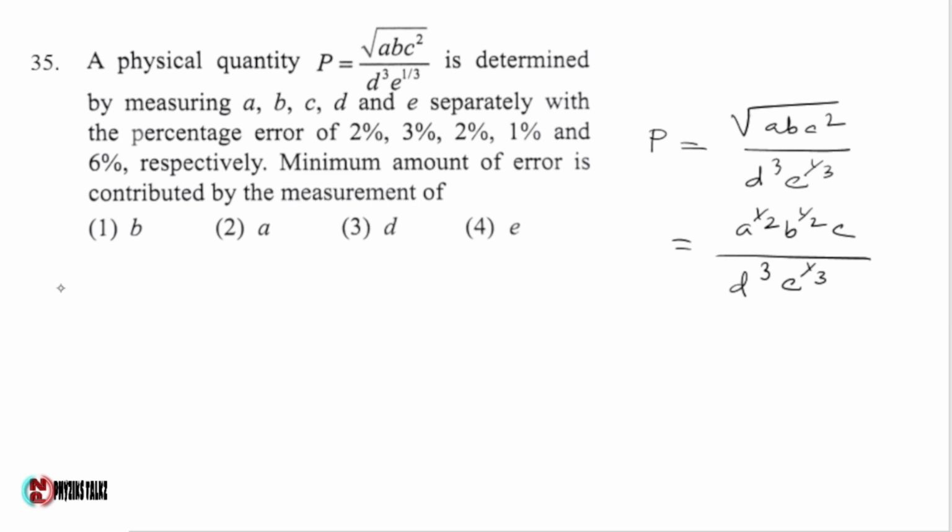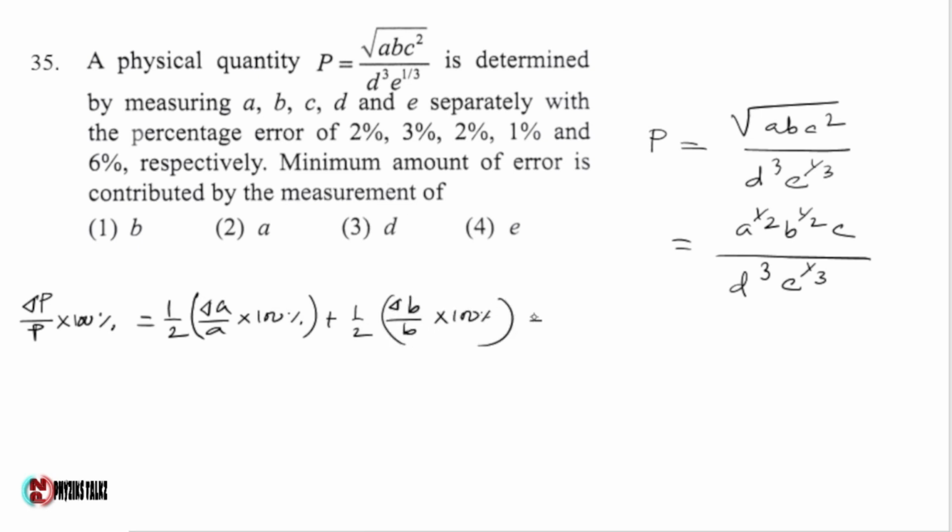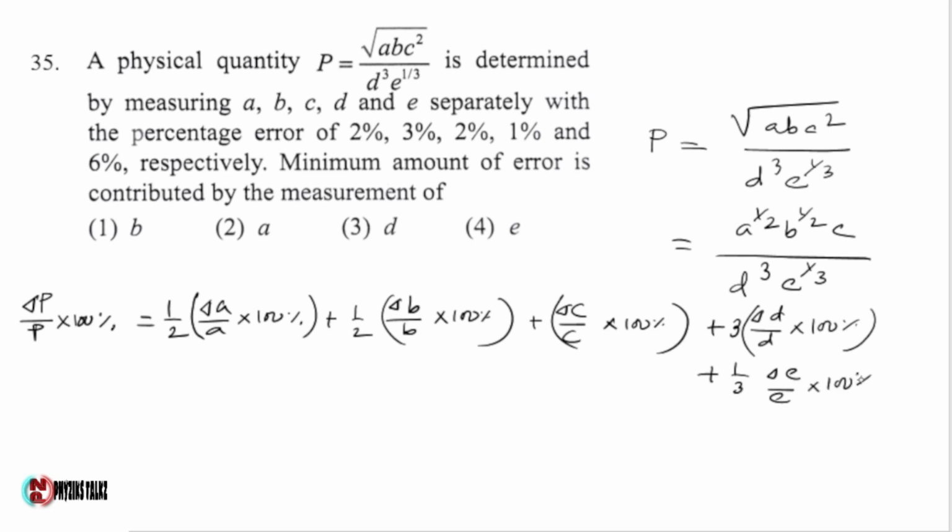Now delta P by P into 100% equals half delta A by A into 100% plus half delta B by B into 100% plus delta C by C into 100% plus 3 delta D by D into 100% plus 1/3 delta E by E into 100%.